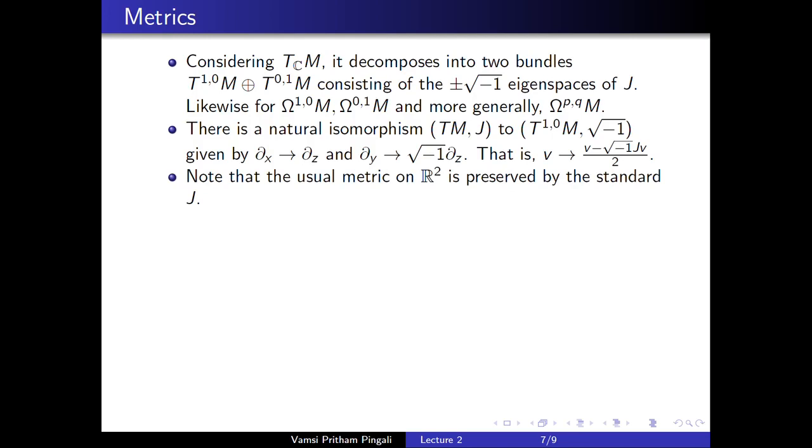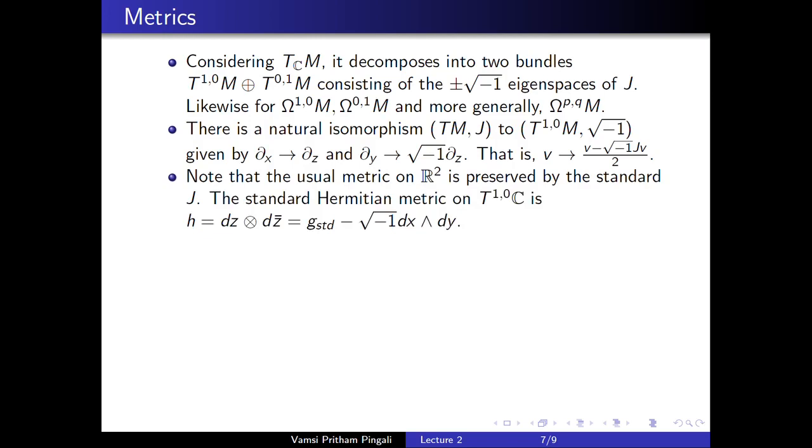Alright, so coming back to the observation that rotation by 90 degrees is the obvious almost complex structure on R2, notice that this almost complex structure preserves the metric. Rotations are isometries, they don't change the metric, right? So let's analyze this example more carefully. If you look at T10, there's an obvious Hermitian metric on it given by dz tensor dz bar.